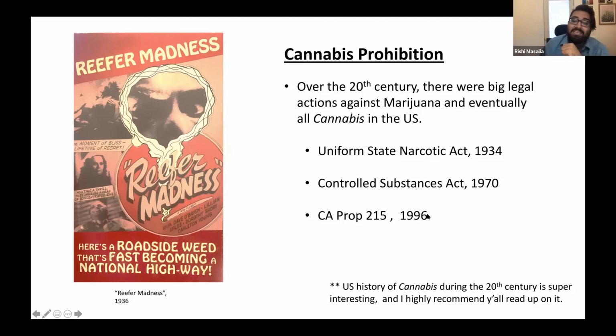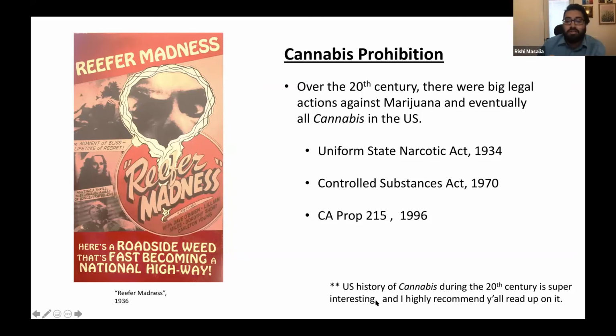And then in 1996, California passed Prop 215, which allowed medicinal use of cannabis in the state of California. And then in 2014, Colorado was the first state to make recreational use legal.